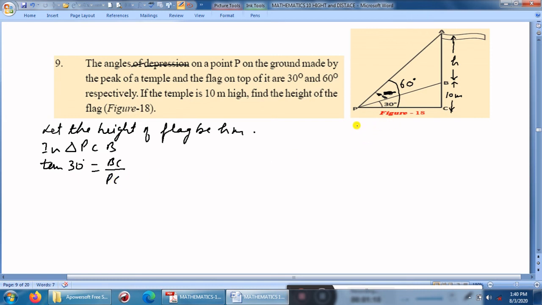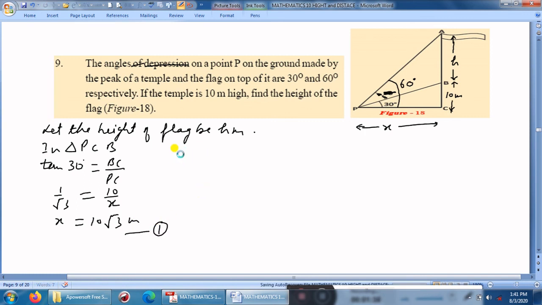Let PC be x meter. So tan 30 is 1 by root 3 and BC is 10 and PC is x. Do the cross multiplication, x equal to 10 root 3 meter. So it's your equation first.